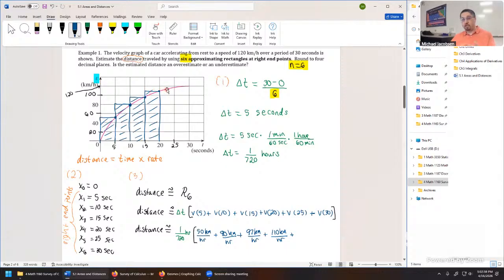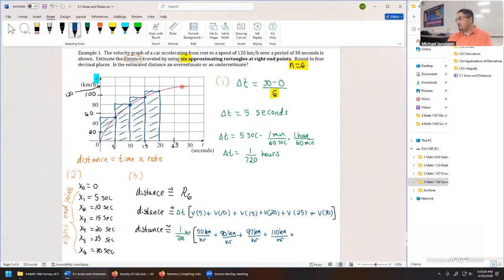Notice as the curve gets closer and closer to flat, as the tangent lines on each point get closer and closer to 0, or as the derivative gets closer and closer to 0, these approximations get better. But the derivative is large here. The slopes of the tangent line are large. That's why this one's way, way off. But as it gets horizontal, our area estimates are just getting better and better.